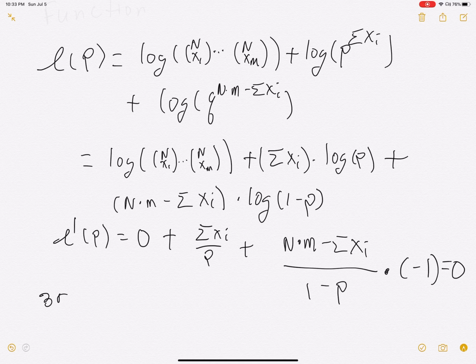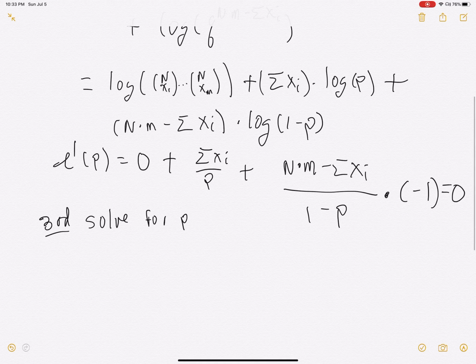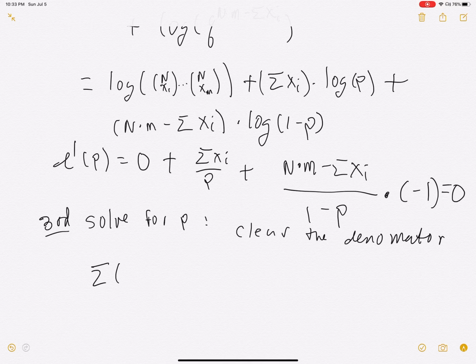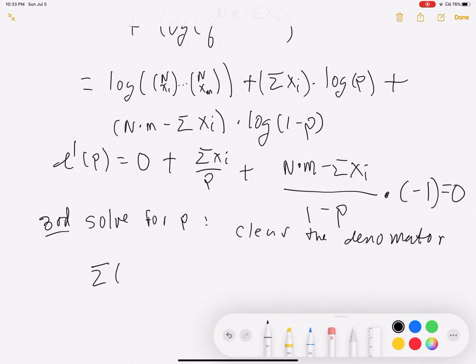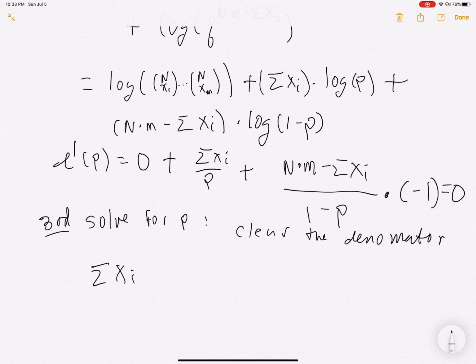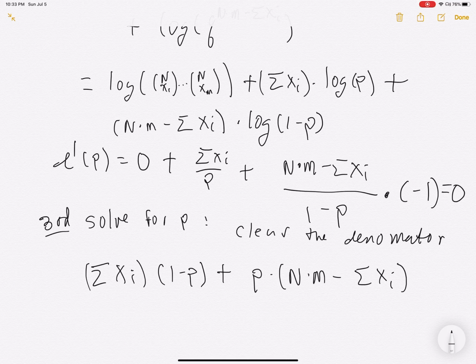So our third step is to solve for p. We'll clear the denominator, and we're going to get summation of x sub i plus p times n times m minus summation of x sub i times negative 1 is equal to 0.